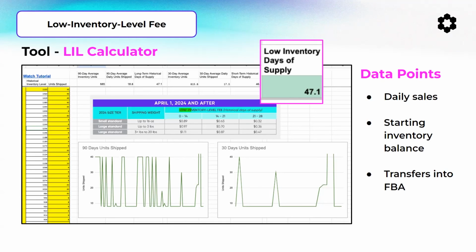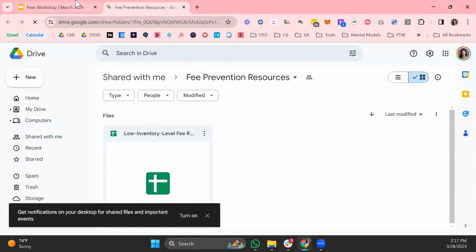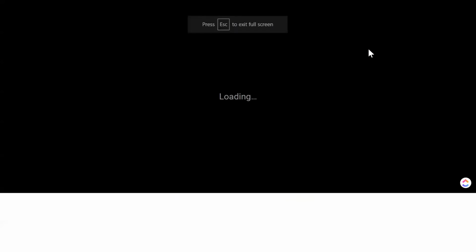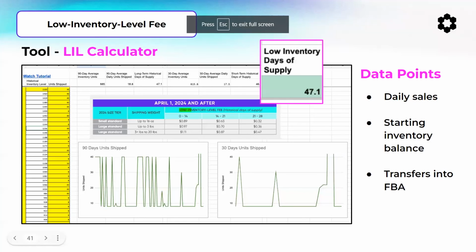And then at the top, where that yellow one is in the top of the column, you'll plug in your starting balance, and it's going to calculate your daily balance for every day, right? So it's looking at your daily sales, and it's looking at your daily average for the 90 days and for the 30 days. And so you have that, and the only last piece is, do you have any transfers into FBA that are planned?